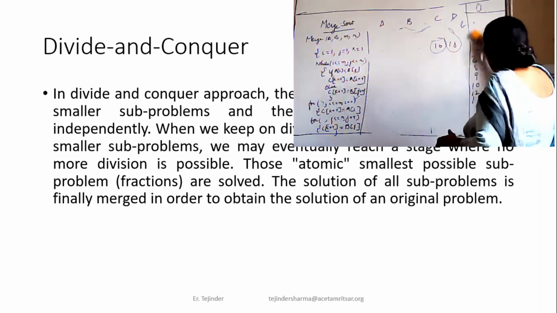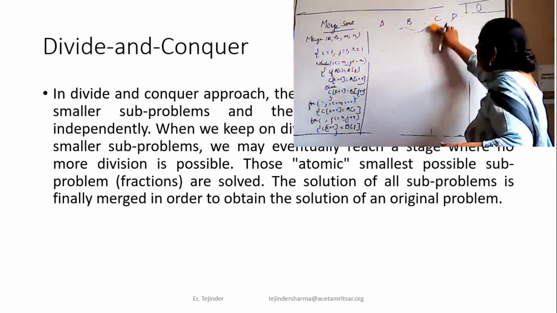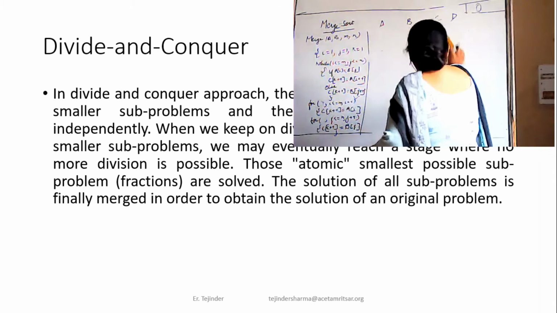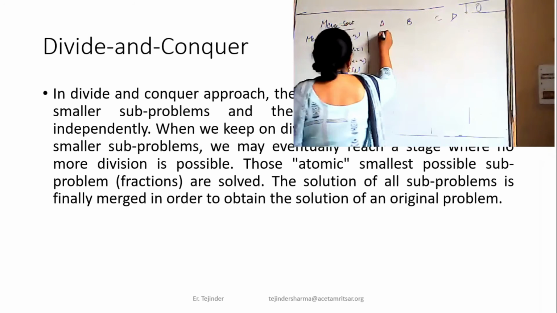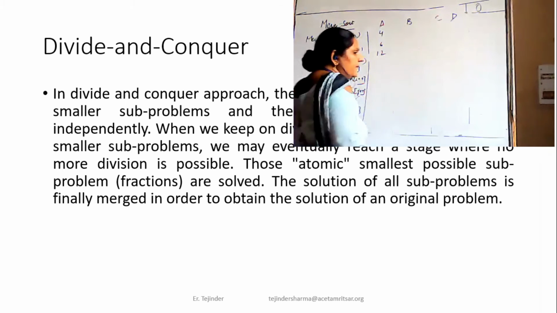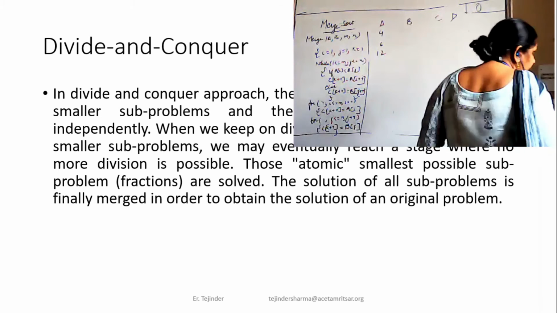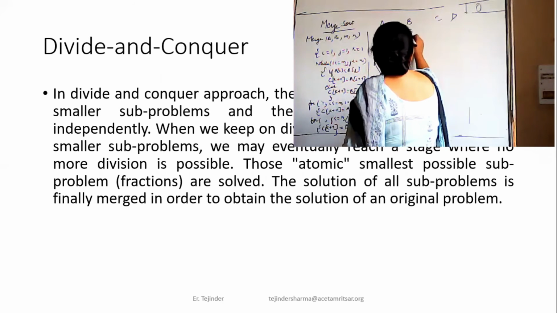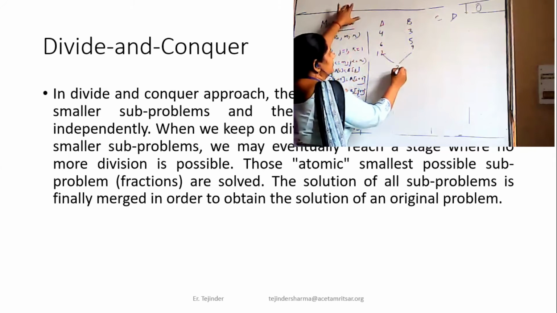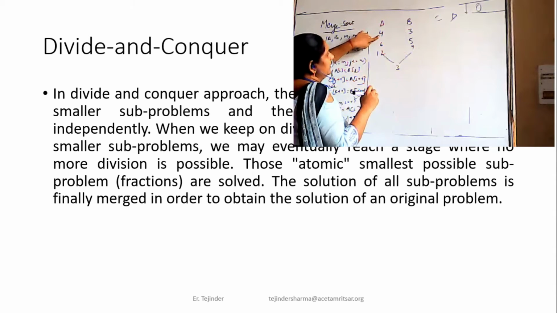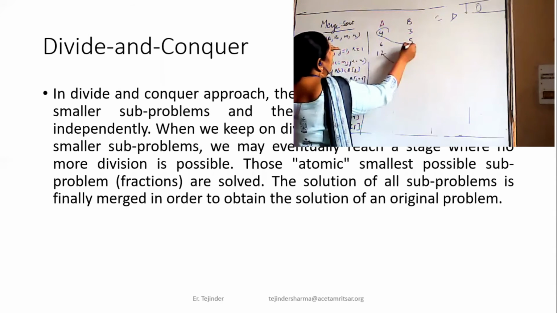Okay. Now I'll show you how you will combine the same lists by using the 2-way merge. 4, 6, 12. Then you have 3, 5, 9. Now combine this. Compare I with J. You will get 3. Then you will get 3, 4 and 5. Compare 4 and 5.